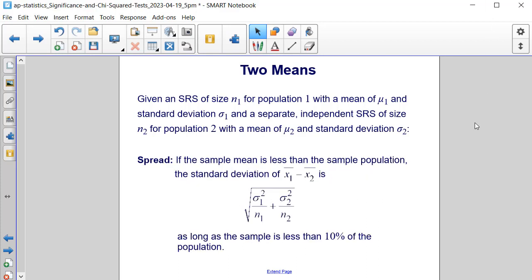For the spread, the standard deviation of x sub 1 minus x sub 2 is the square root of sigma sub 1 squared divided by the sample size n sub 1, plus sigma sub 2 squared divided by the sample size of the second population, n2, as long as the sample is less than 10% of the population.